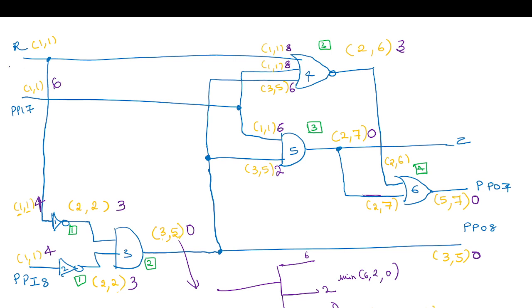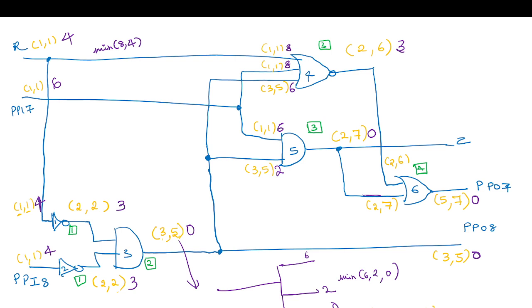And for this, minimum of 8 and 4, so 4. So these are the observability values. In this example, we have covered both the controllability and observability values.